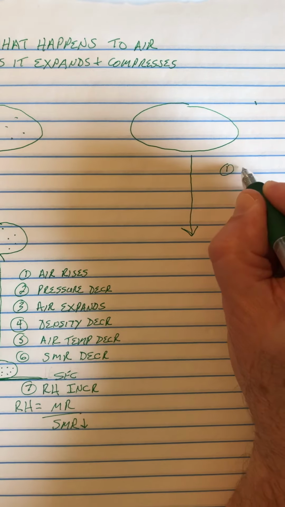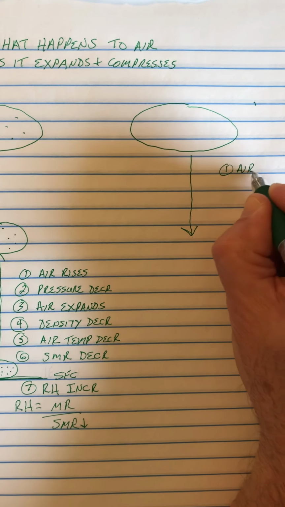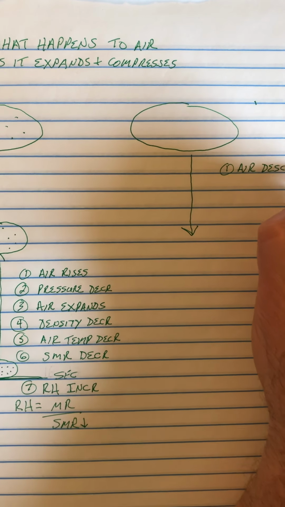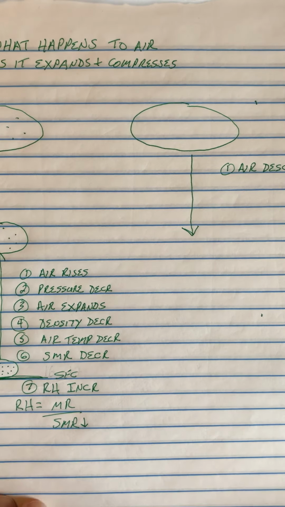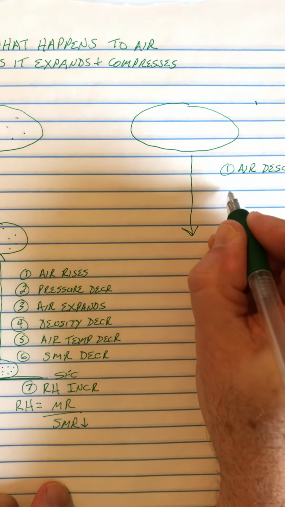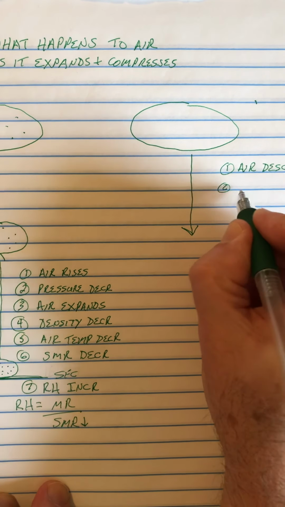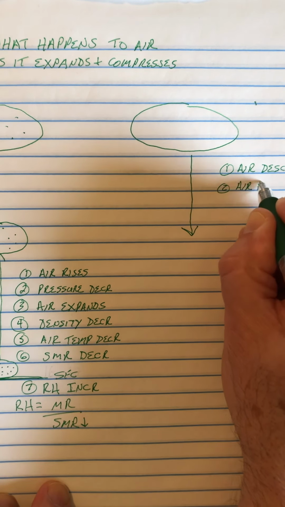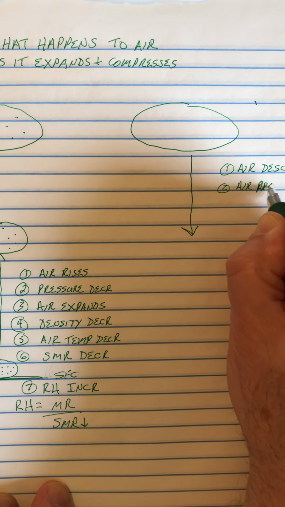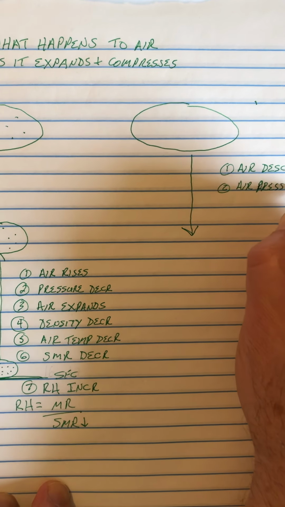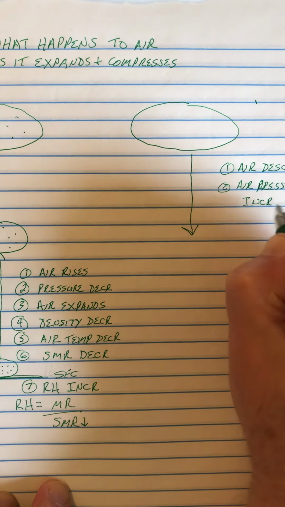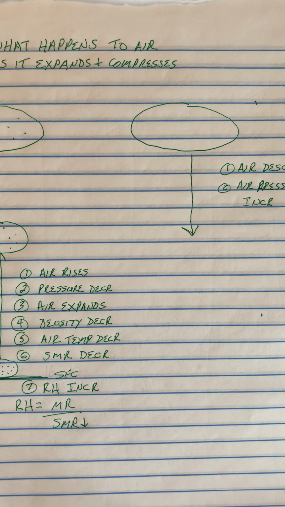So the air is going to descend, and as the air descends, the air pressure is going to increase. Again, pressure is the force exerted by the weight of all of the air molecules above a given point.